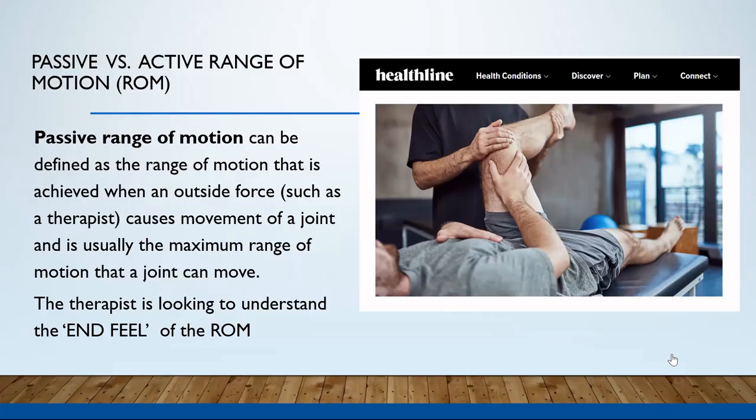But at some point, it might stop prior to getting all the way to the chest. That would be the end of that client's range of motion. In this case, the therapist is moving the leg, although this client does have the hand on the leg, but the therapist is asking, just please let me move your leg. Client is fully clothed. They're on the massage table. Okay, this is passive. The client is passive.